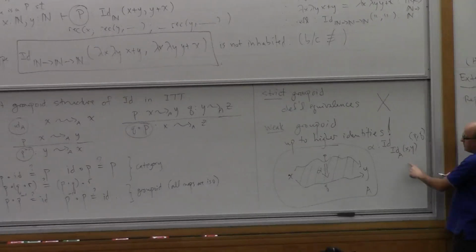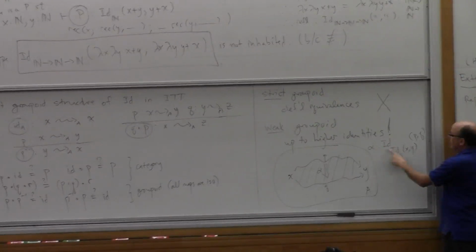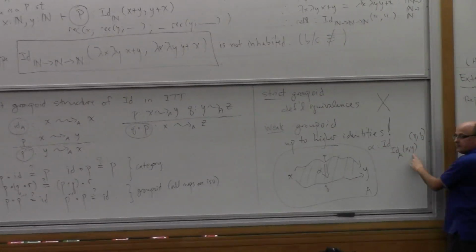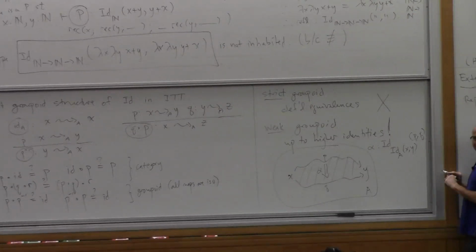So you get this characteristic structure of an iterated identity type. It's a path between paths within the space A, or a proof of the equality of the proofs of equality of the elements X and Y in A. So that's the flavor of how this goes.